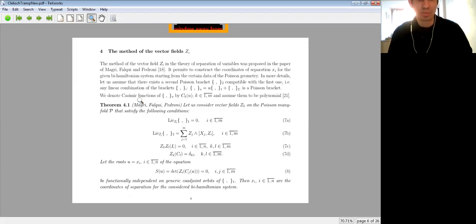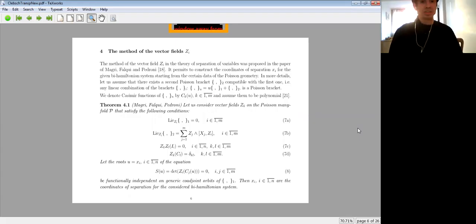We denote the Casimir functions of this Poisson pencil by c_k of u. They will naturally also depend on the arbitrary parameter u entering in this bracket, and we will assume these Casimirs to be polynomial in this parameter u. That is, we assume the so-called Gelfand-Zakharevich assumptions.